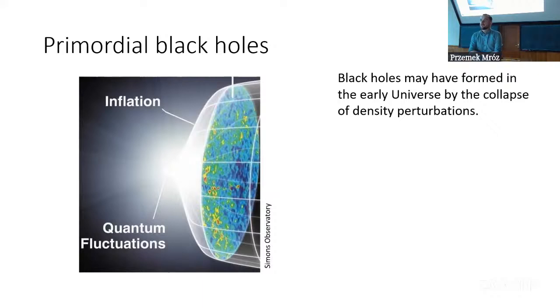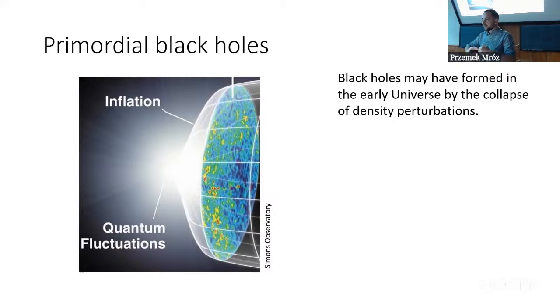So unlike stellar origin black holes, which formed by evolution of massive stars, primordial black holes may have formed in the very early universe, even before first stars appeared, actually before atoms were created. So the universe had a form of a soup of elementary particles like quarks, gluons, leptons, and all such elementary particles.